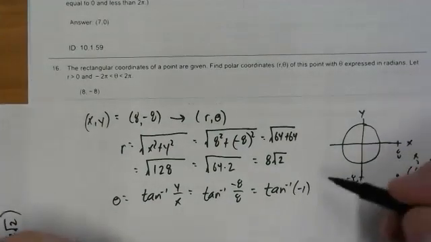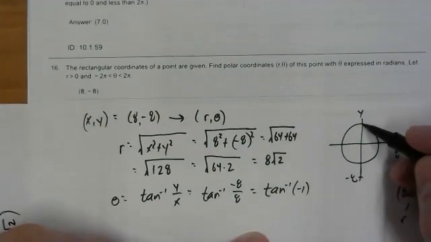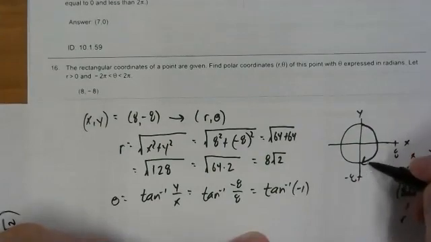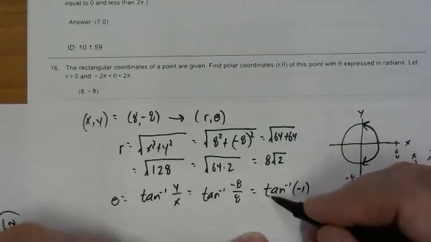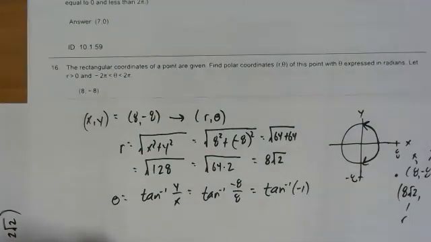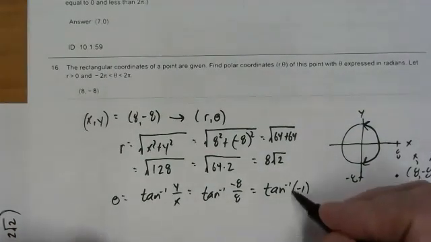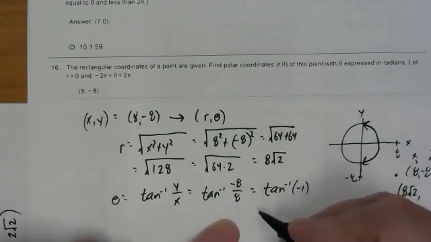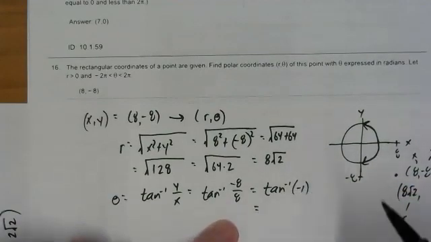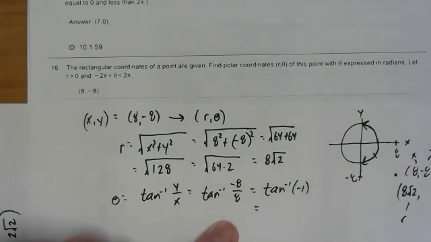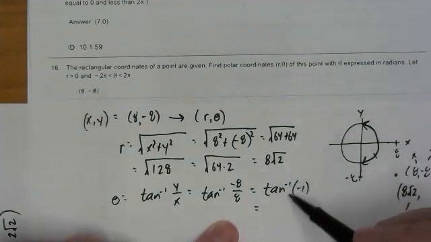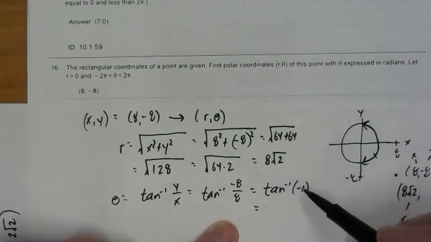Remember, with inverse tangents, the answer has to be on the right half of the circle. And if we're down here in the fourth quadrant, we write the angle as a negative. So a true inverse tangent of -1 is going to be right there. Because remember, I'm looking for the angle where the tangent is -1.